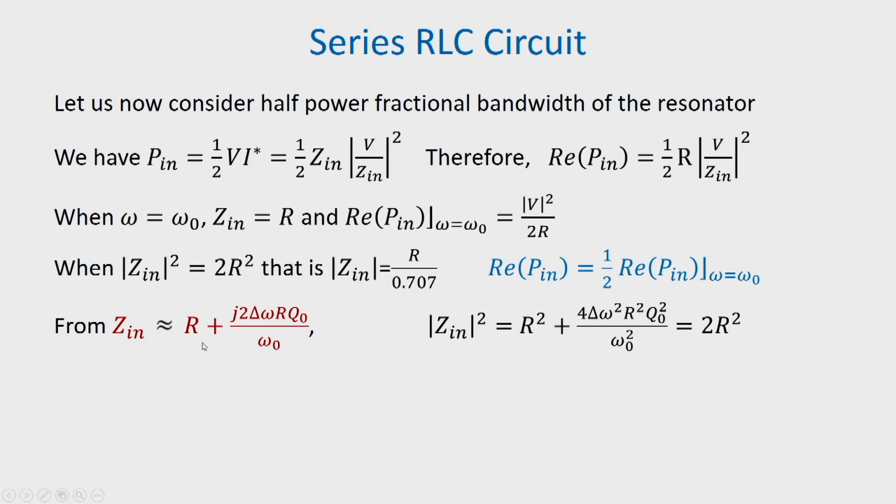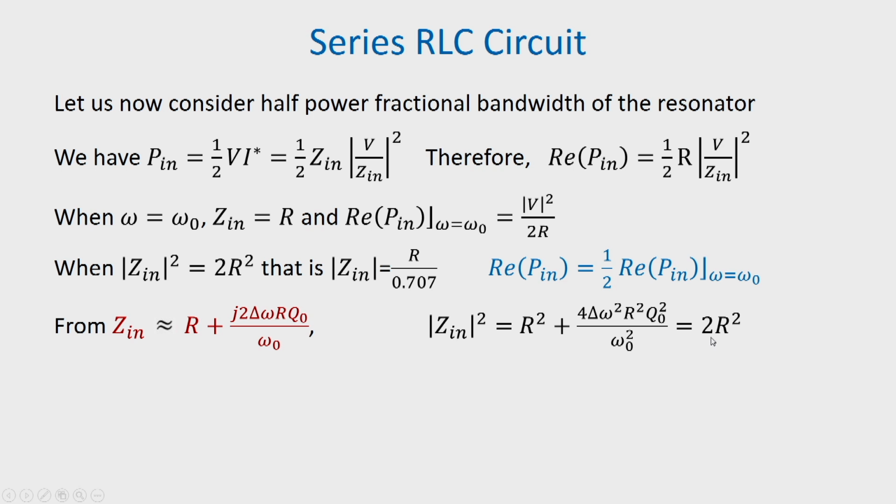And from this expression Z in is equal to R plus j 2 delta omega R Q naught by omega naught, we can find the modulus of Z in square, and this becomes R square plus 4 delta omega square R square Q naught square by omega naught square, and we can equate this to 2 R square.